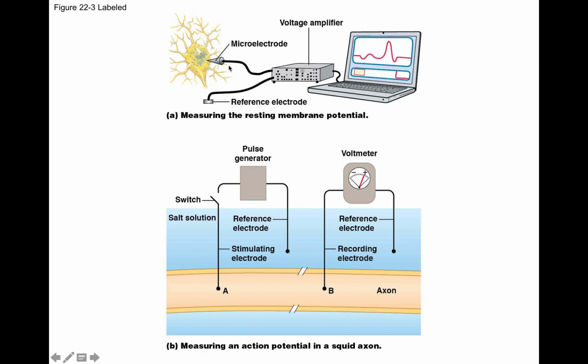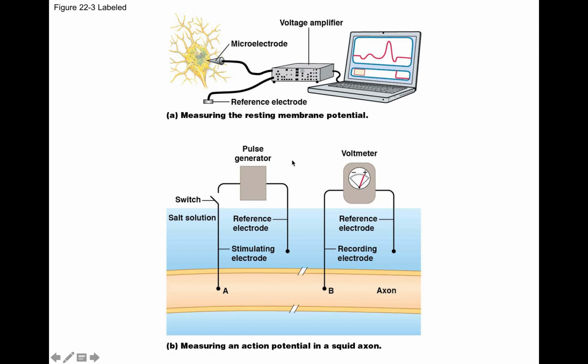Between those two, the signals are very small, and so they go through an amplifier, and then you have to have some way of visualizing what is happening with those signals. In the old days, it was a chart that was drawing a graph on a piece of paper, and of course these days it's on a computer.